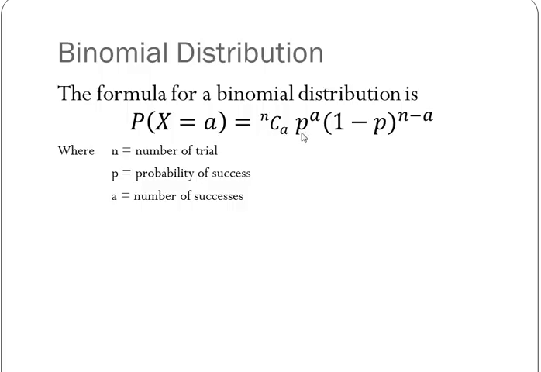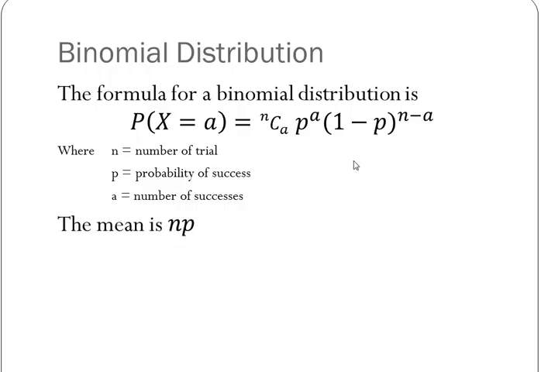Then I'd always end up with a set number of ways of getting the right probability and a set number of ways of getting not the right probability, the failure probability, and that's what 1 minus p is. And these powers had to add up to the total number of trials, which in this case they do.